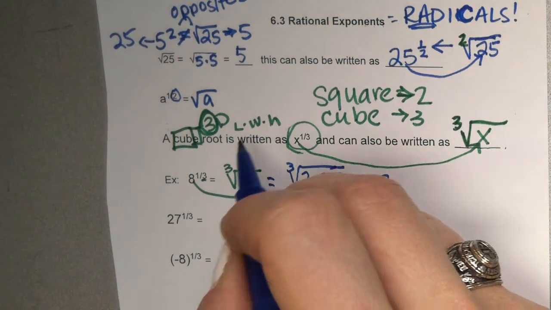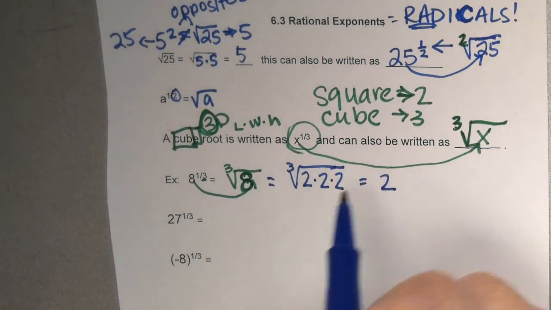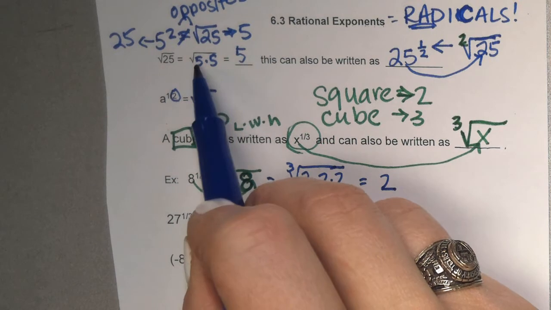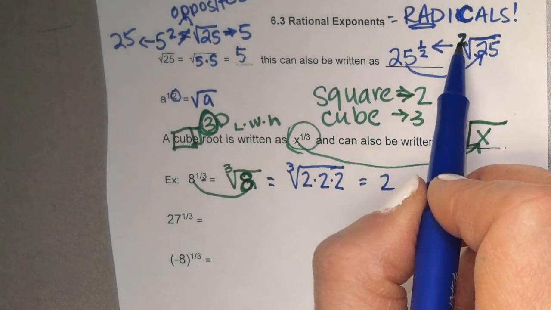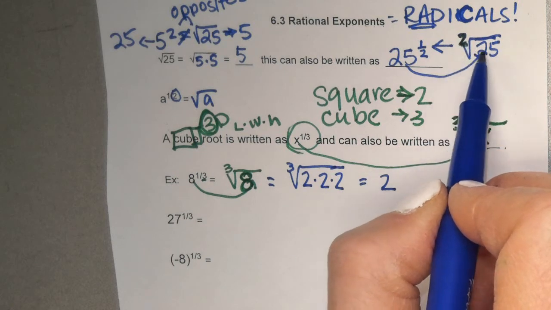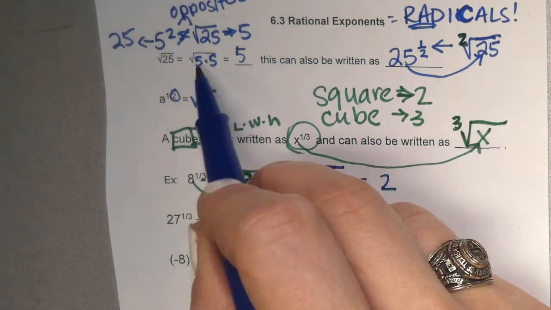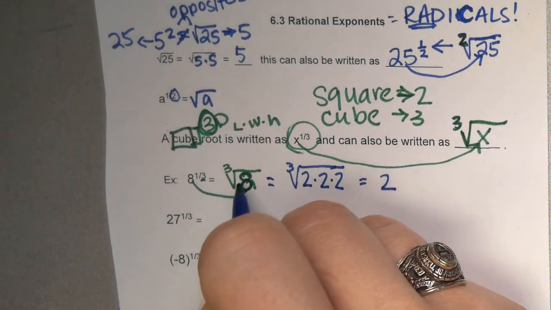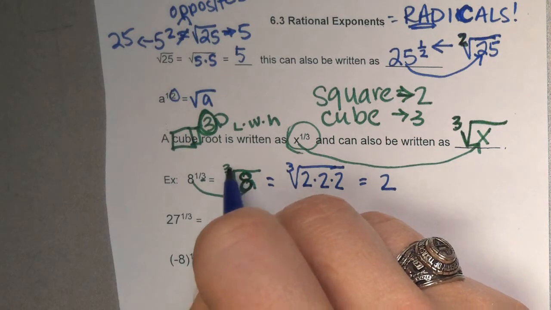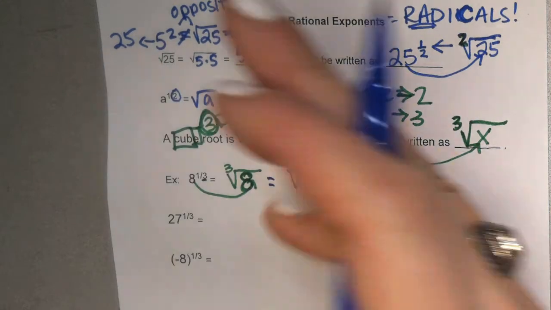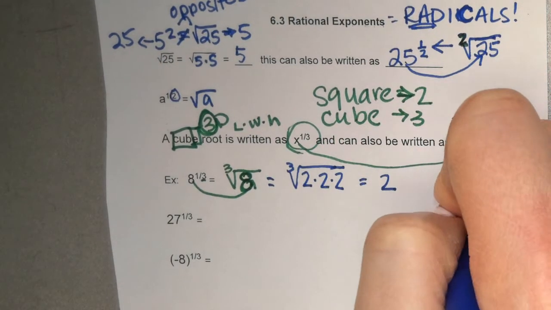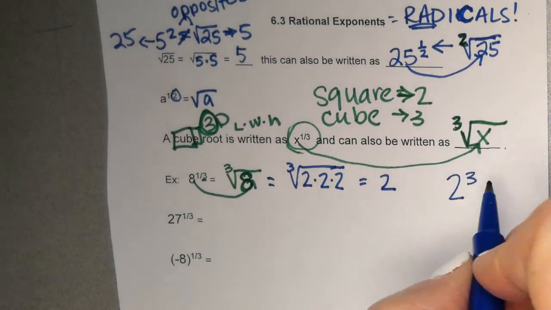And so the cube root of 8 is 2. Because up here, our little number for the square root was 2, so something times something equals 25. We know it's 5. So what is it that we multiply 3 times to get 8? What's 2? 2 times 2 times 2. And you can check it because the opposite is 2 to the 3rd. Well, that equals 8.